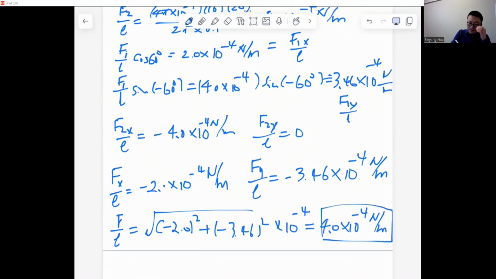And direction wise, it's going to be tangent inverse of y over x. So y is minus 3.46 times 10 to the minus 4 over minus 2 times 10 to the minus 4, where the 10 to the minus 4 will actually cancel.